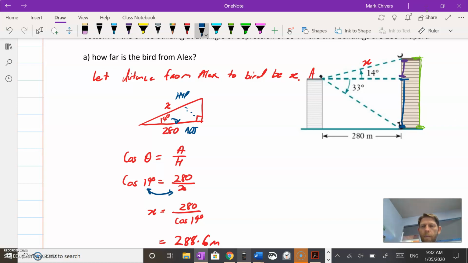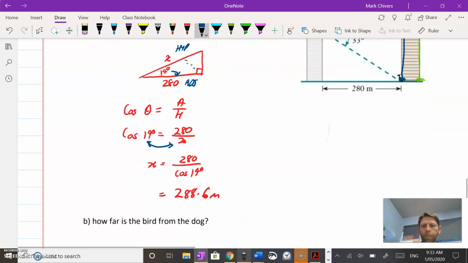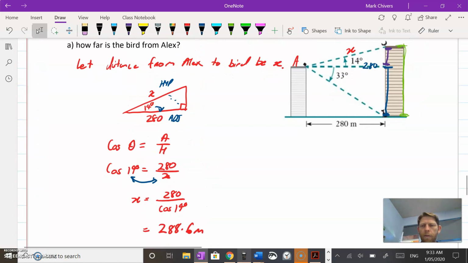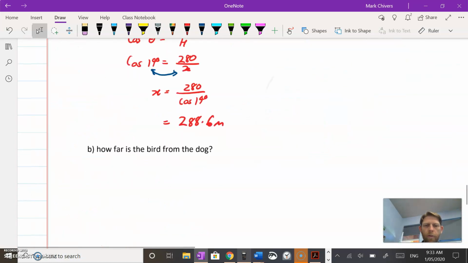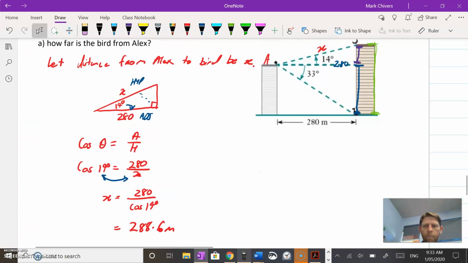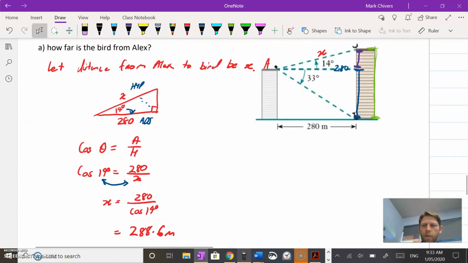Now, in both cases, I've got triangles with angles, and in both cases, this distance here is 280 metres. So what I've actually got is a strange situation. In both of these, I'll call this distance here y, and I'll call the distance up the top z.